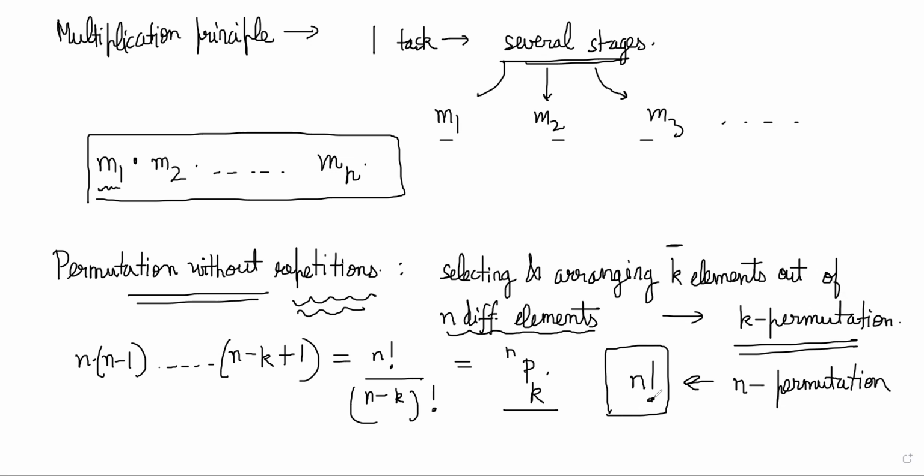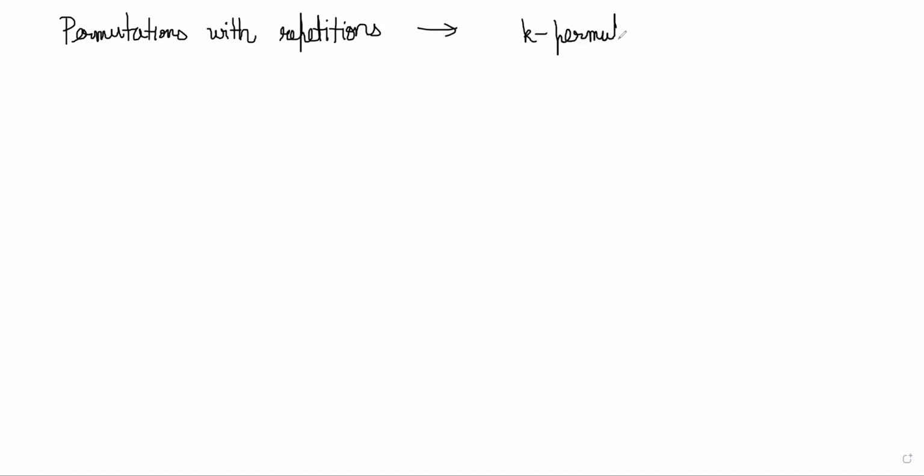Now you look at the next idea, which is basically permutations with repetitions. So the question is the same. We have to do a k permutation, but this time repetition is allowed.